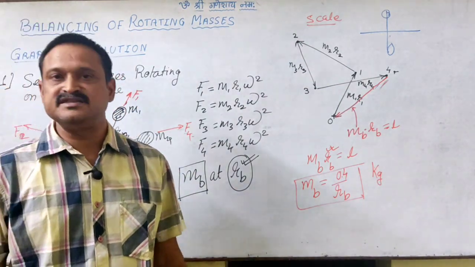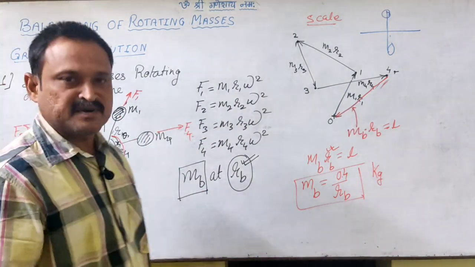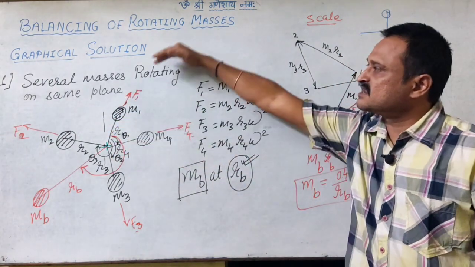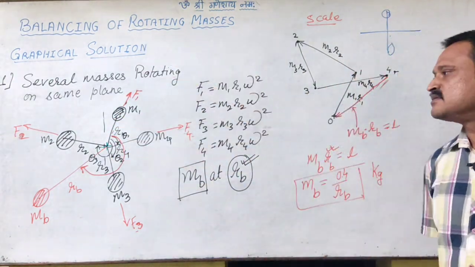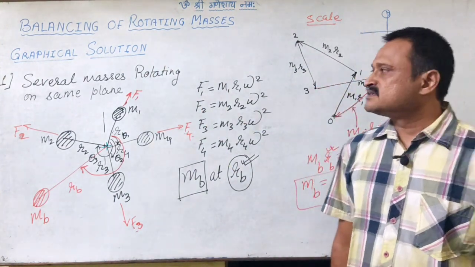So obviously the moments will also get cancelled and the system will be completely balanced. So that is how we can get the graphical solution for balancing several masses rotating on the same plane.